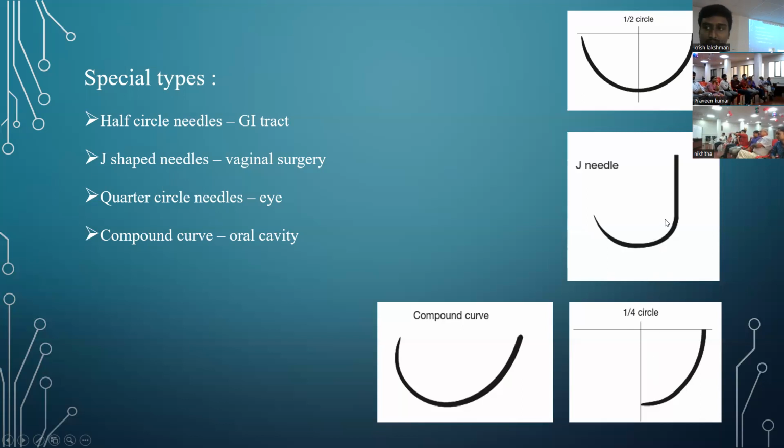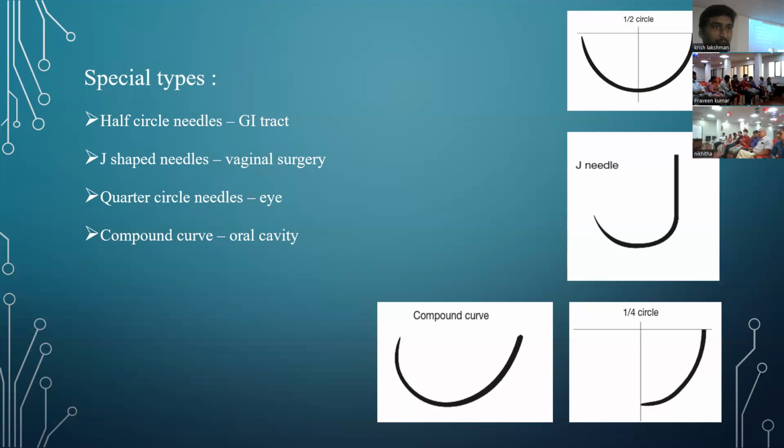In which one can you go deeper? I'm not talking about how far you can go, but which one can you go deeper? The 1/4 circle. So how is 1/3 better than 1/2? Half is better when you're superficial, and the deeper you go, the less curvature you need, and you want the distance to be far away.